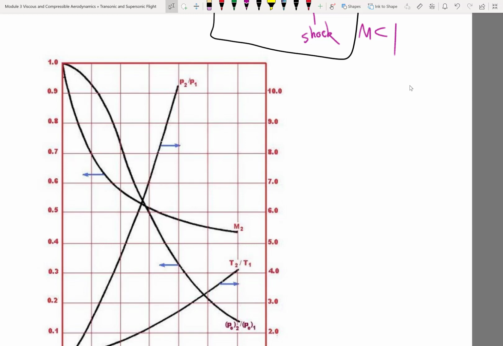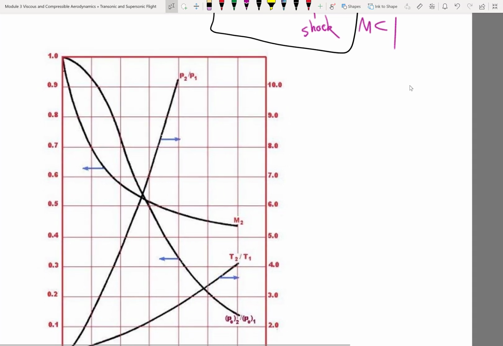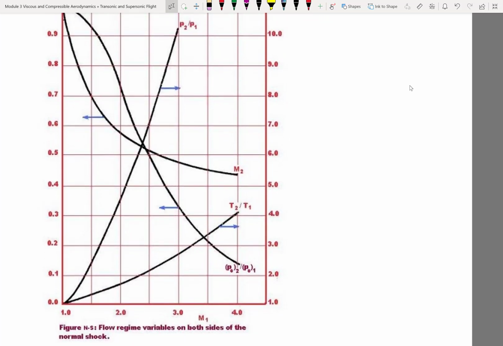Another feature that's noteworthy is that the line of the stagnation pressure is tangential, is horizontal at the Mach equal to 1 point. Yeah, at this point, right?